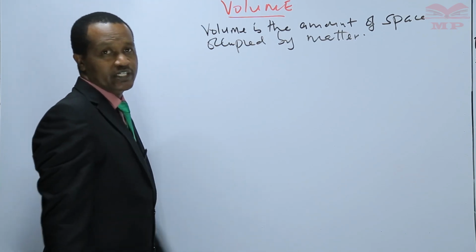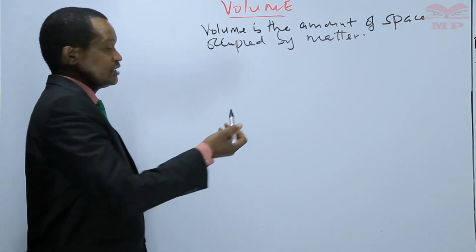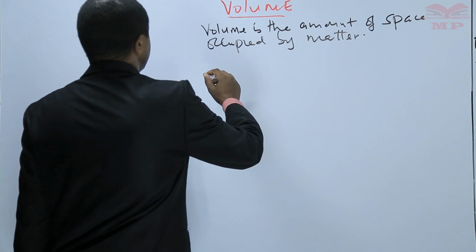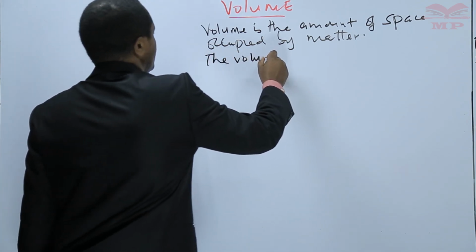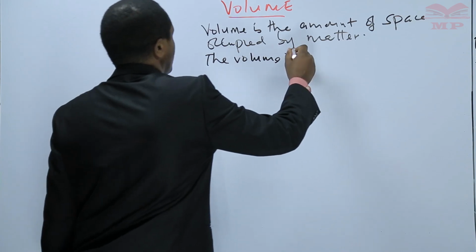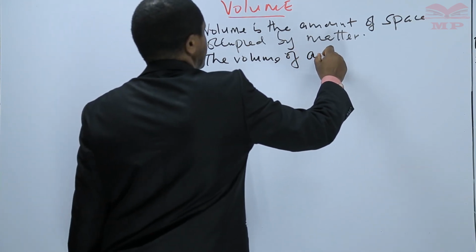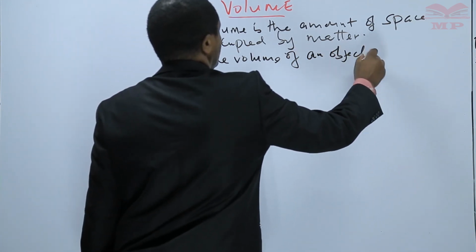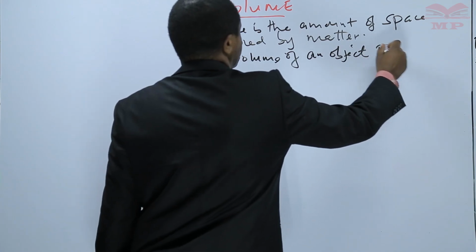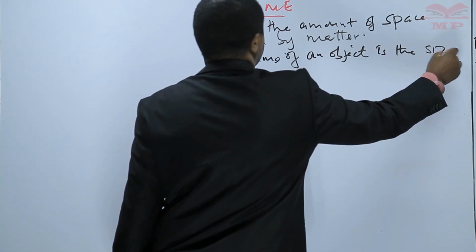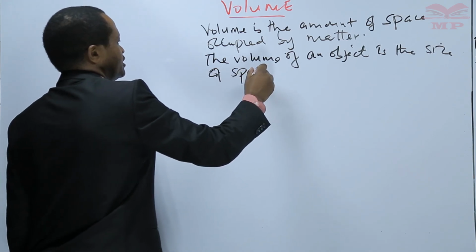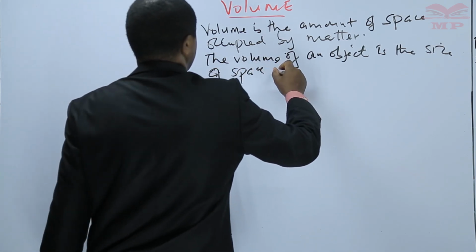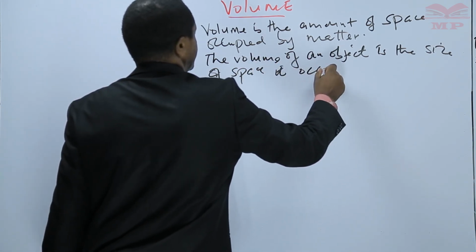In other words, we can say, learners, that the volume of an object is the size of space it occupies.